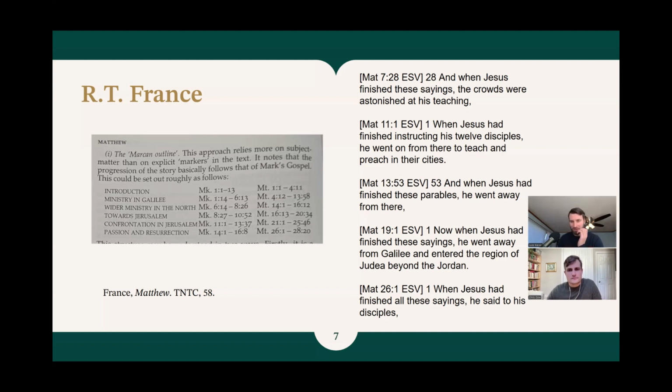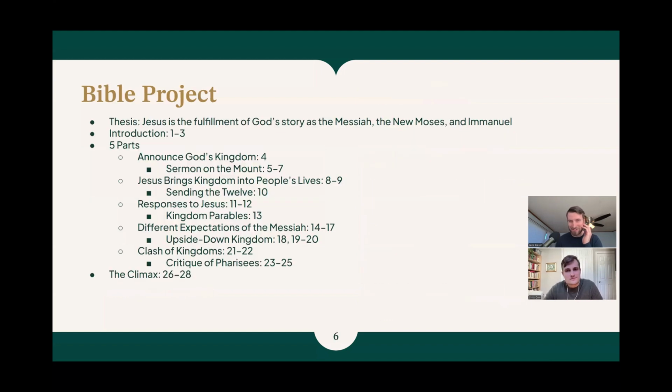Okay. So some tensions I want to point out with the Bible Project outline. And one of my favorite here is in the fourth one. Notice how they say that the discourse is 18, 19 to 20. And you're like, well, why didn't he just say 18 to 20? Right?